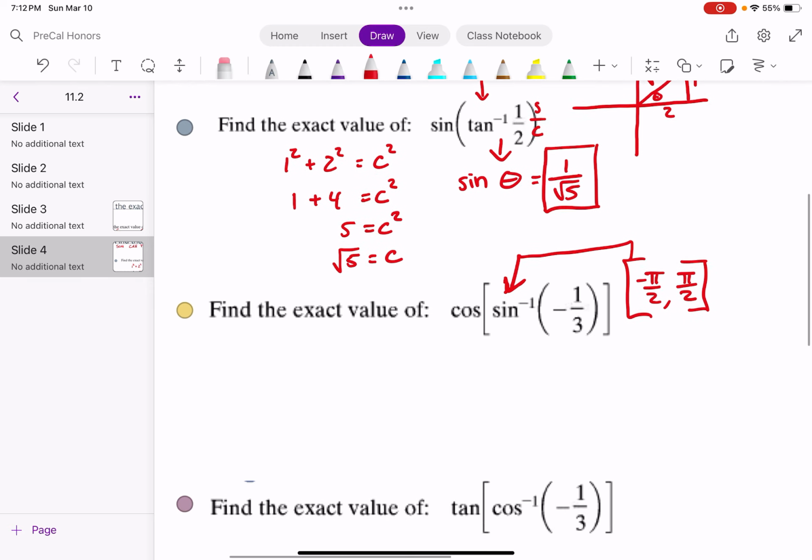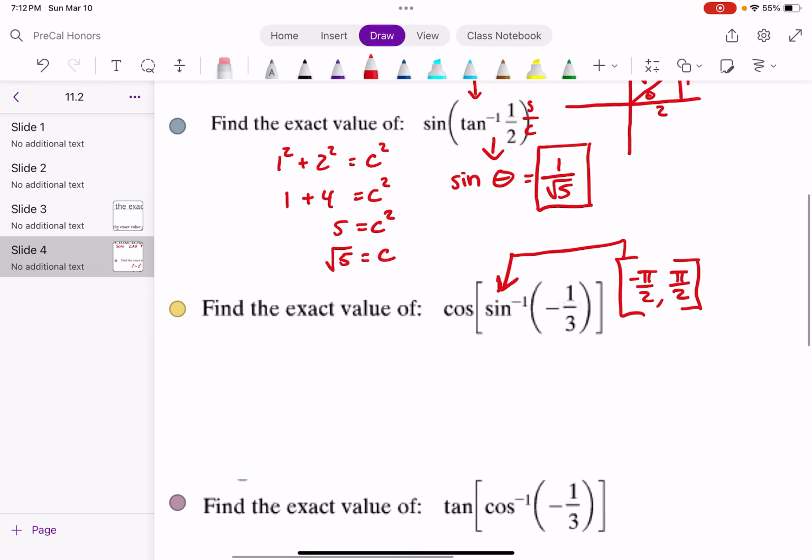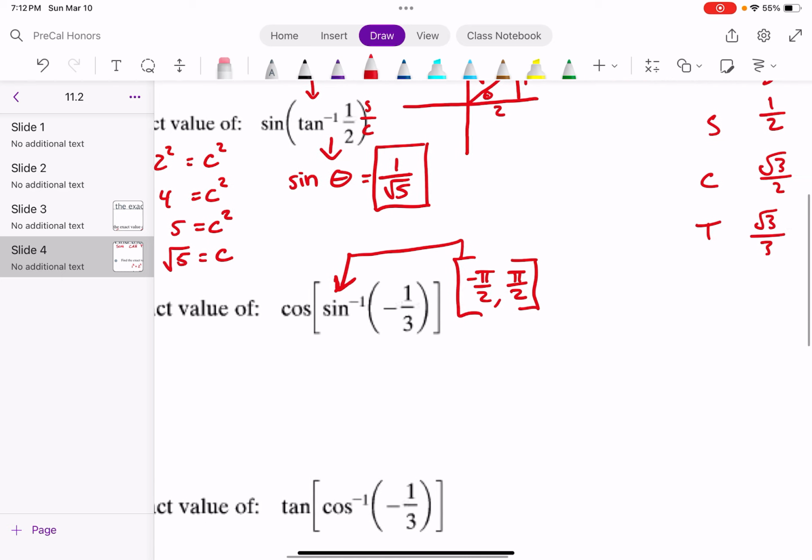Now, considering how we have a negative 1/3, we're going to go ahead and keep this in mind as far as where we would end up within our graph.